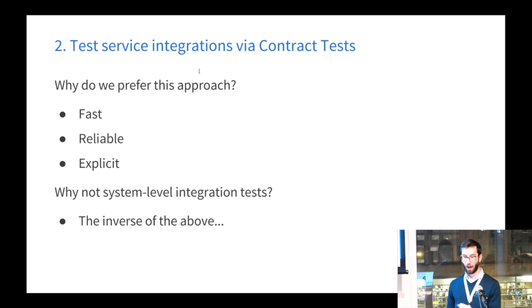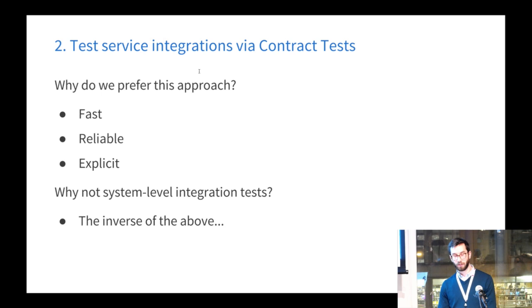Now we should talk about why we would want to use something like a contract test. It boils down to 3 simple things. They're fast because they endorse that you don't run actual network connections in your test suite, so there's no I/O, and as a result, they end up being reliable. So there's no reason for them to flake other than you actually breaking the test. They're much more like unit tests in that way.